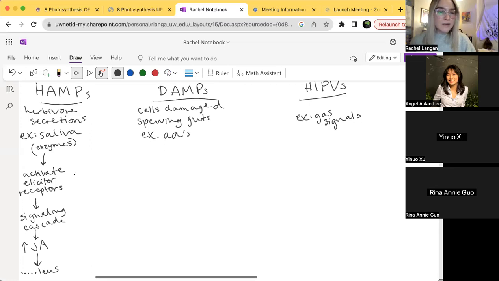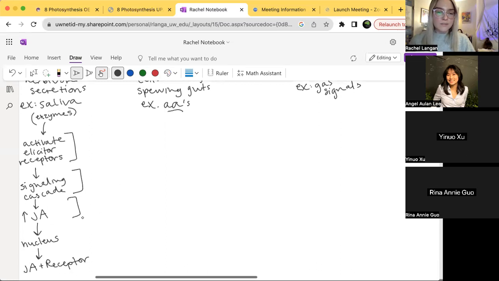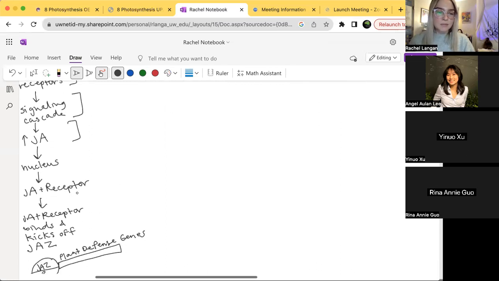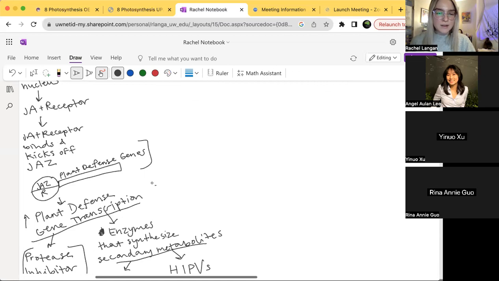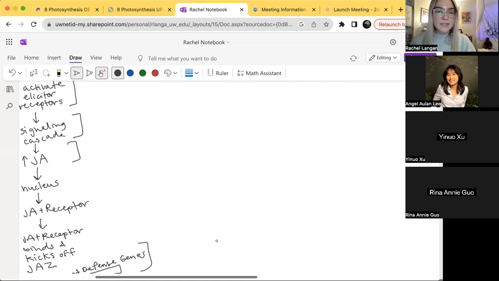The amino acids are going to activate an elicitor receptor, cause a signaling cascade that increases JA, that in the end, blah, blah, blah, kicks off JAZ and increases plant defense genes and does the exact same stuff. It's the exact same thing.